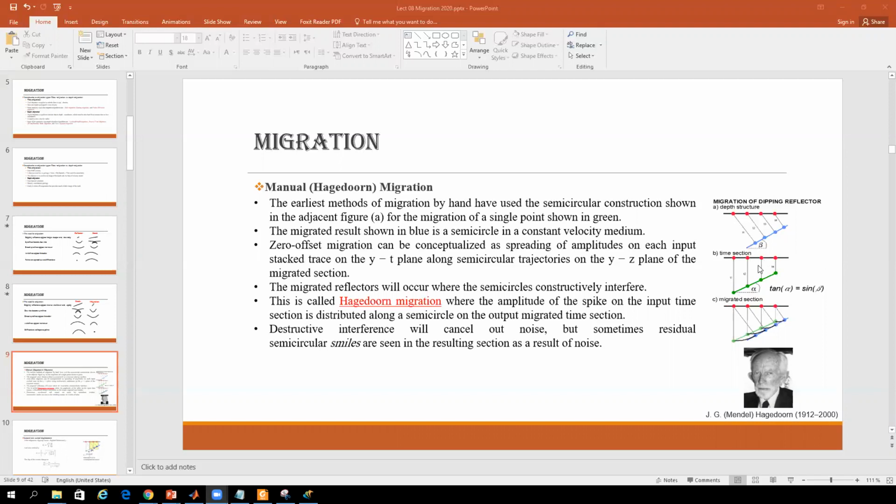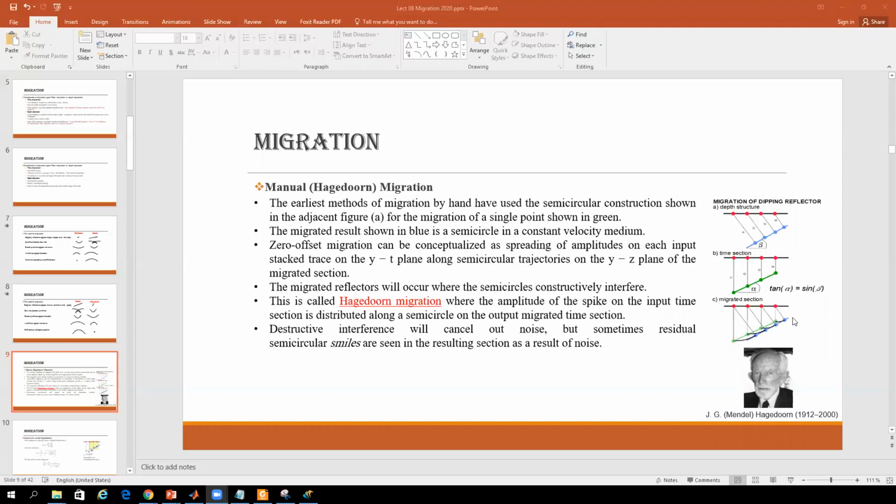So actually the problem has many solutions. The same thing holds for any point which is part of this line. Any point on this line can come from any point on a semicircle which will pass through this point.